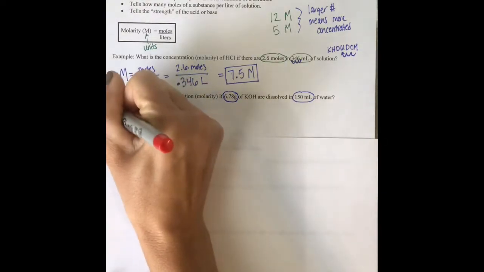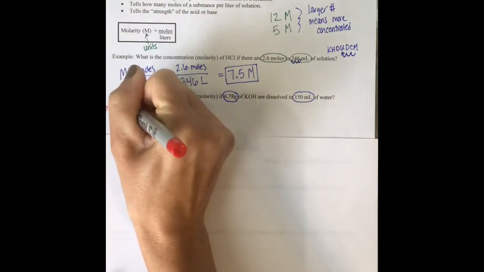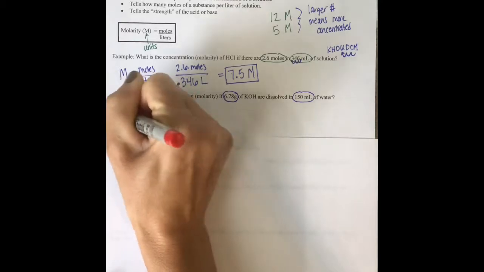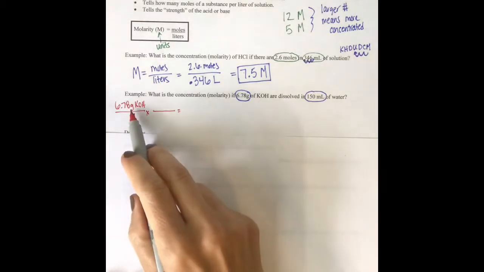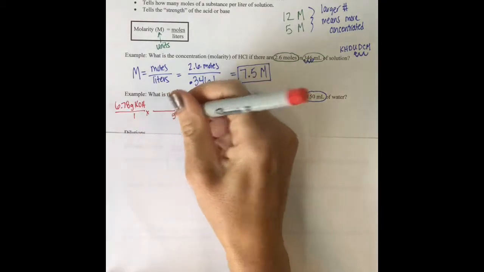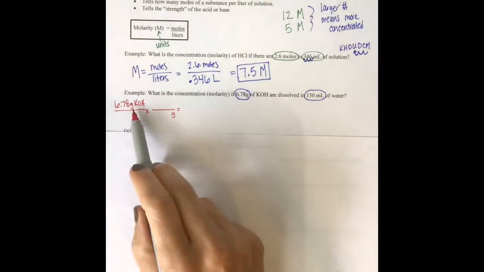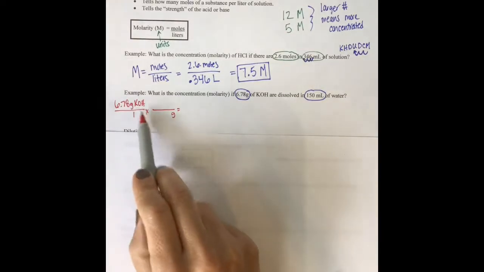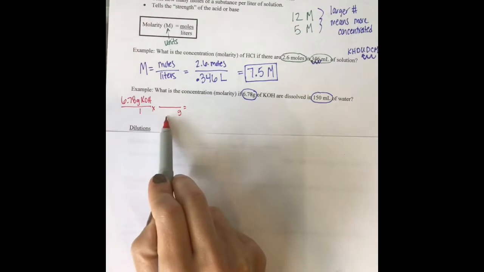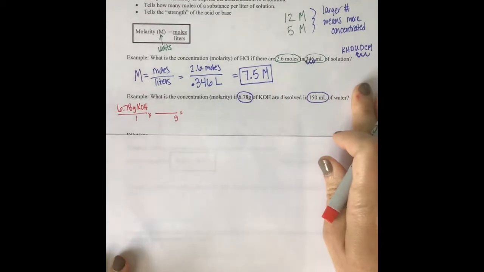If I have 6.78 grams of potassium hydroxide, do you remember how to get to moles? If grams are on the top and I don't want them anymore, I need a number that is going to cancel out grams. What is this grams of?